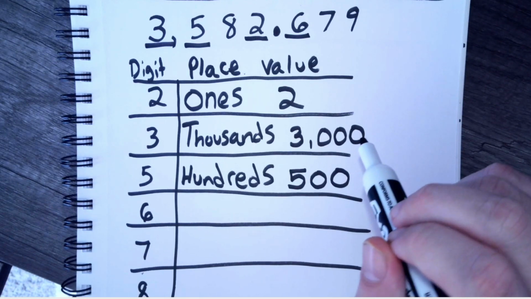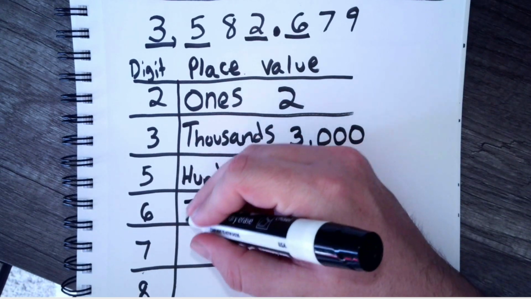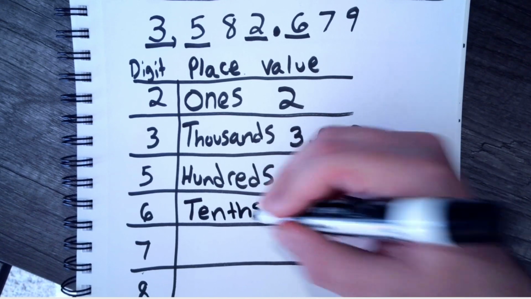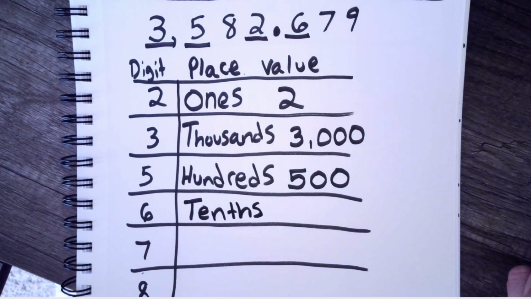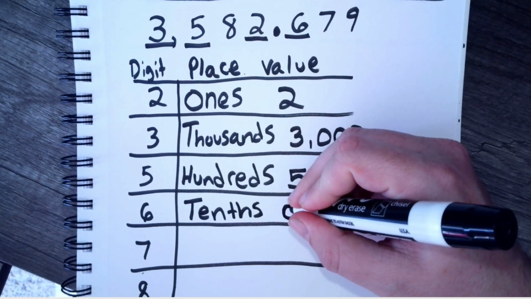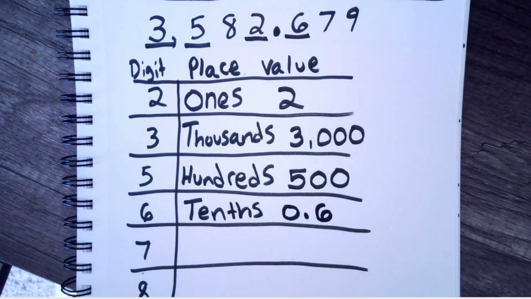Not the tens with an S, but the tenths, like a fraction. So the 6 is in the tenths place, and that would mean its value is 6 tenths. By itself, we would show that as 0 decimal 6. It would be 6 tenths.